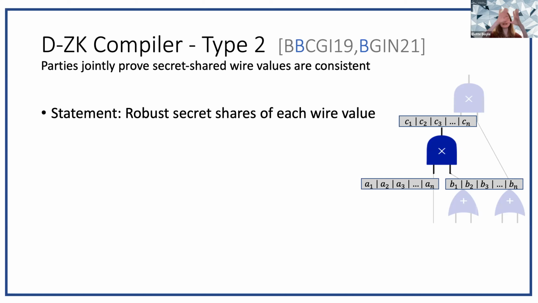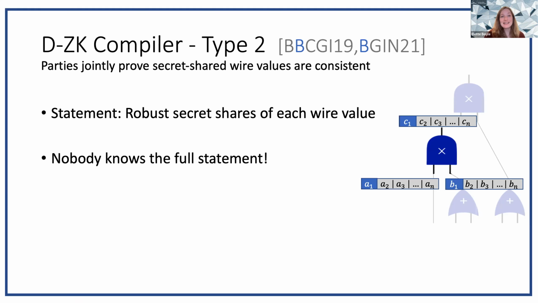Okay, so take the whole circuit and think about it. For every wire, you have a set of these secret shares. This combined set of secret shares, sticking them all together, this is the new giant input that we want to prove something about. Okay, and note that unlike before, nobody knows the whole statement, the whole X itself.